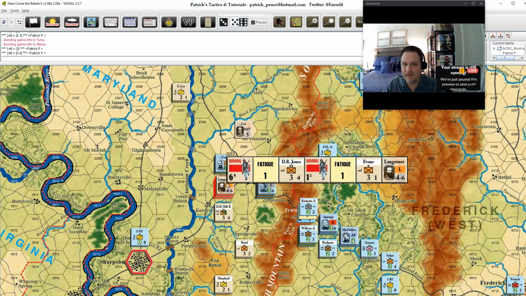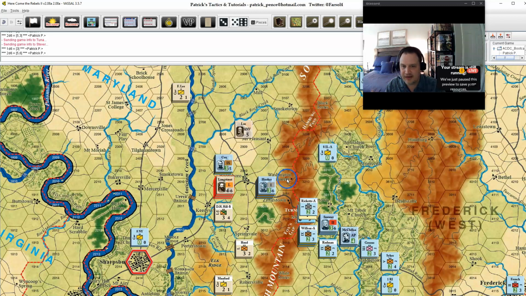So one of the skills of the player that you learn is to try to set up these flanks to box in a unit such that if and when they have to retreat, they don't have usable roads or friendly units that they can escape through, and that will cause even more manpower losses upon the defender.